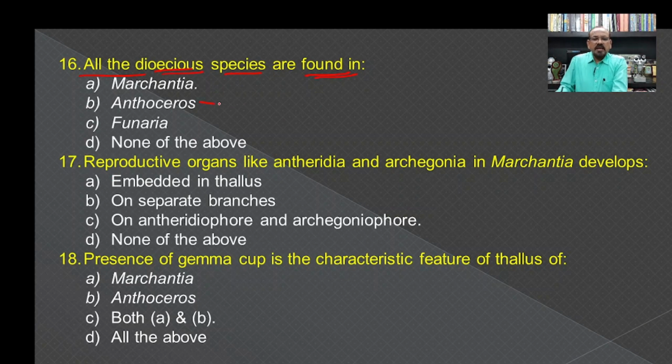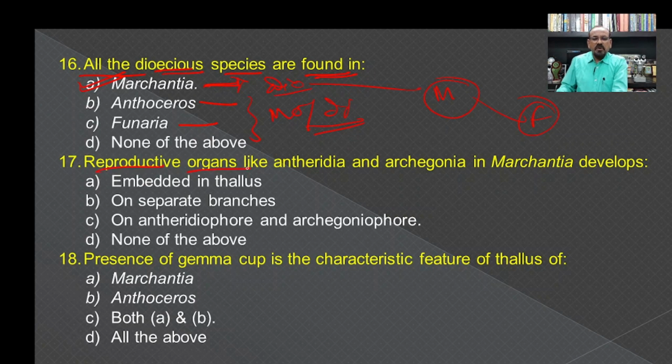If you see Anthoceros and Funaria, both monoecious and dioecious species are present, but all the species of Marchantia are strictly dioecious. It means that the male plant and the female plant in Marchantia are always different, and hence A will be the correct answer for this question.